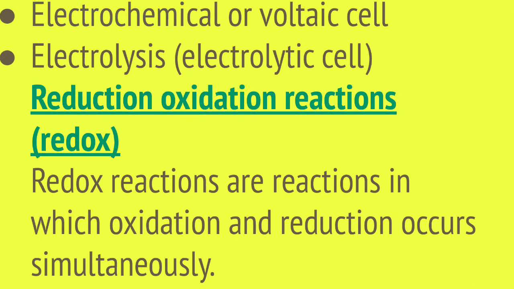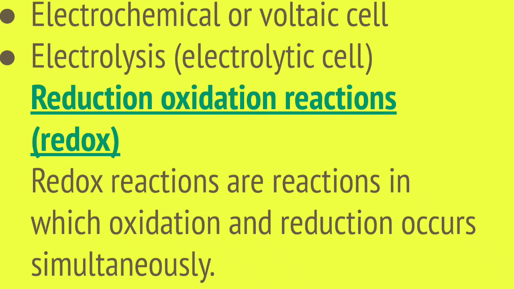Secondly, we shall deal with the electrochemical cell, also called the voltaic cell. Then finally, we shall discuss electrolysis, whereby we shall look at the electrolytic cell. Now let's begin with reduction and oxidation reactions.